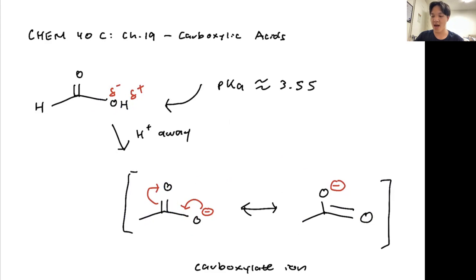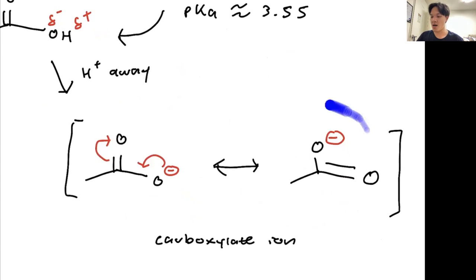So along with the fact that we have this huge dipole, we can also see that the conjugate base has been stabilized through resonance, which means that it's a good base, a good acid. This carboxylic acid is a good acid, as the name suggests, right? And this compound over here actually has a name.